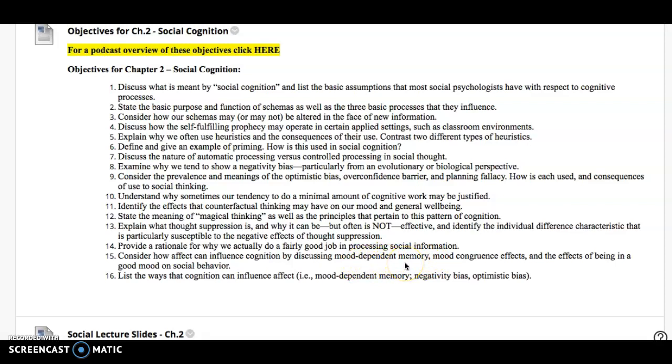Particularly when we form those memories and what mood we're in when we form them, that has an effect on us. Mood congruence effects, like when our mood matches our behavior and what we're doing. And then, being in a good mood brings about good things. It brings about good social behavior.